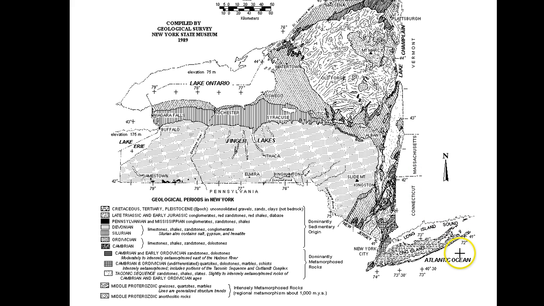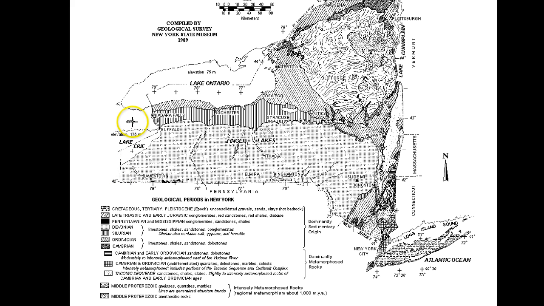The lowest line of latitude I see is down here at 40 degrees 30. Then we have 41 degrees. Then we go at 42 degrees. And if you go across, you'll notice the 42 degree mark is also noted on the west side of New York.